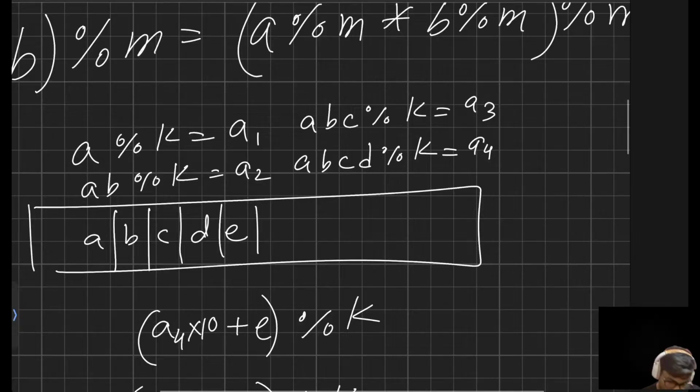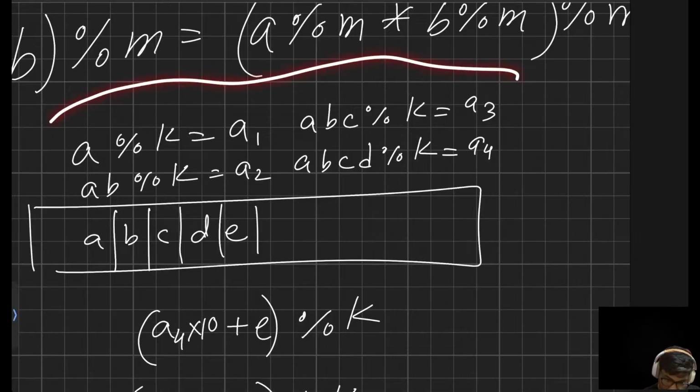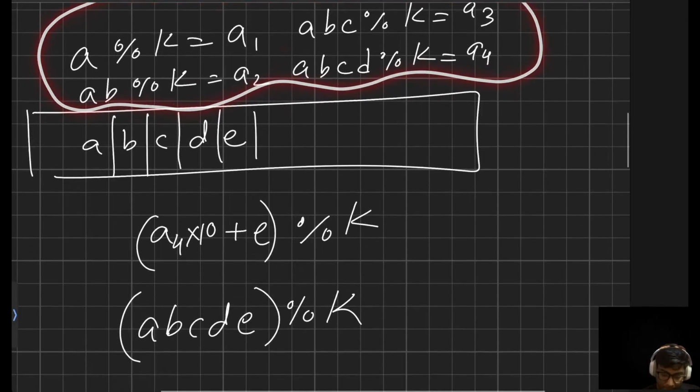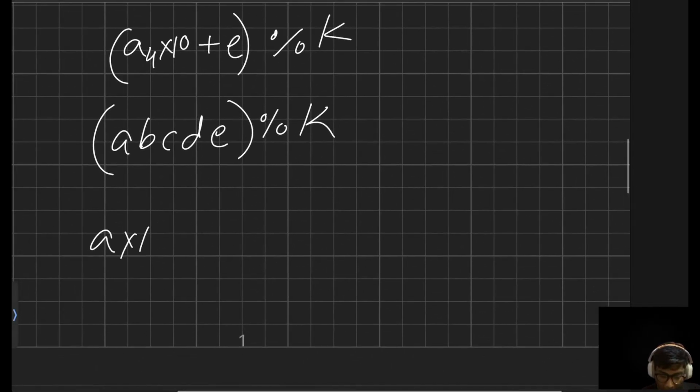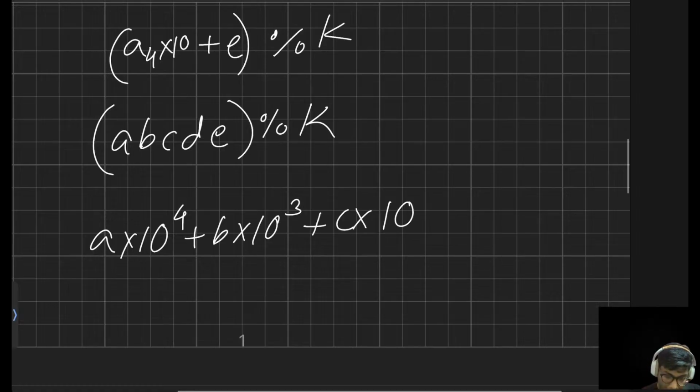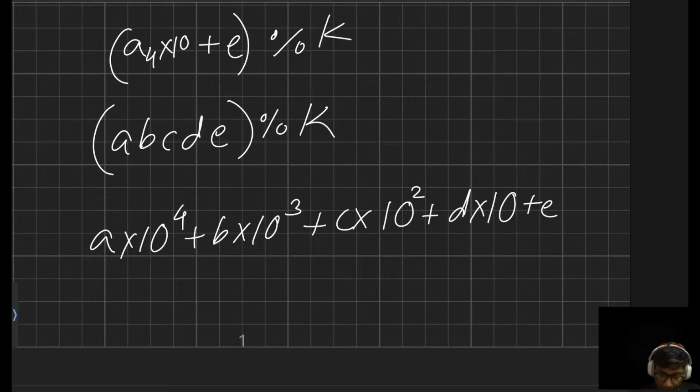We have all these equations available to us, right? So let's do this. This is a into 10 to the power 4 plus b into 10 to the power 3 plus c into 10 to the power 2 plus d into 10 plus e modulo k.